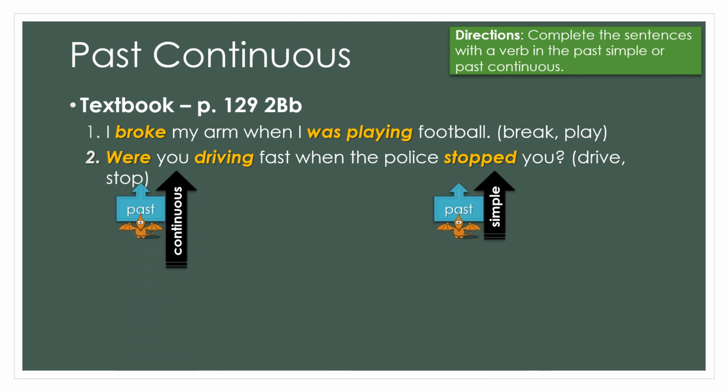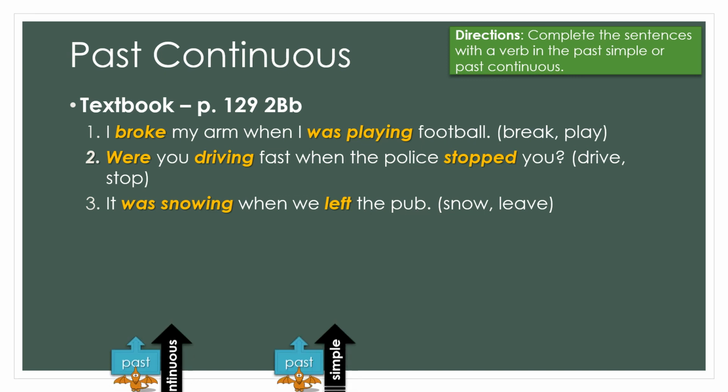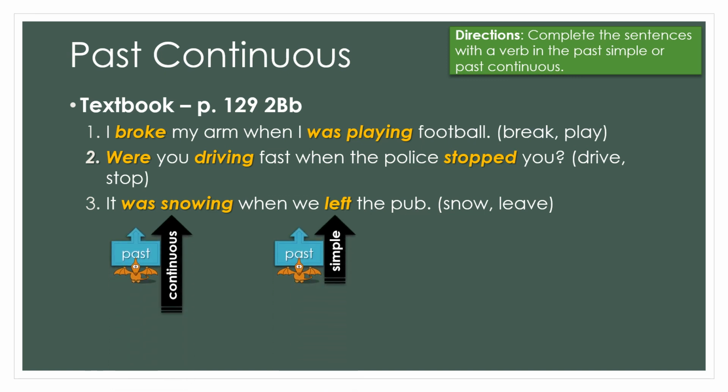Were driving is past continuous and stopped is past simple. Number 3, it was snowing when we left the pub. Was snowing is past continuous and left is past simple.